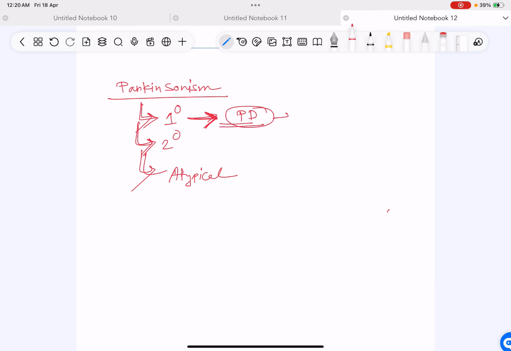Is it CBD, is it MSA, is it diffuse Lewy body dementia, or PSP? Early hallucination and fluctuating cognition are features of diffuse Lewy body dementia. Here dementia onset is early, so because of dementia there is early hallucination and fluctuating cognition. Cognition will get impaired.